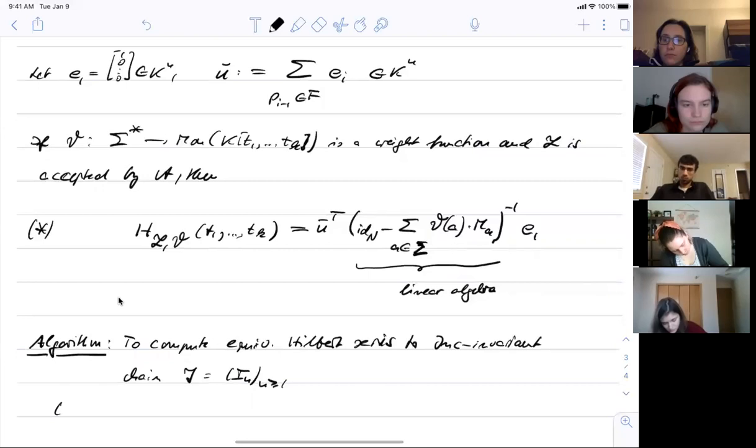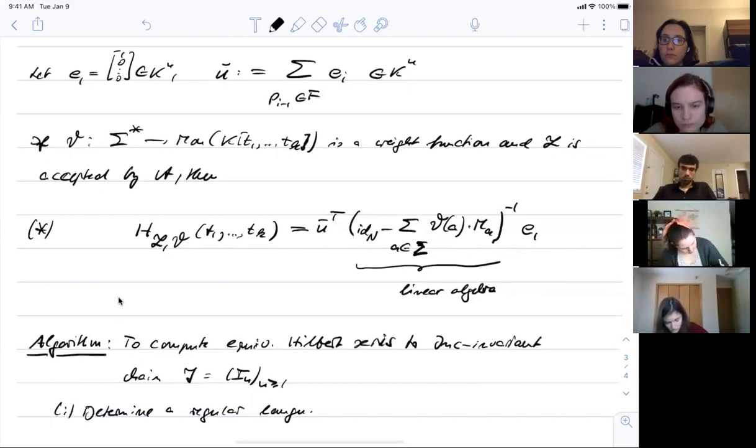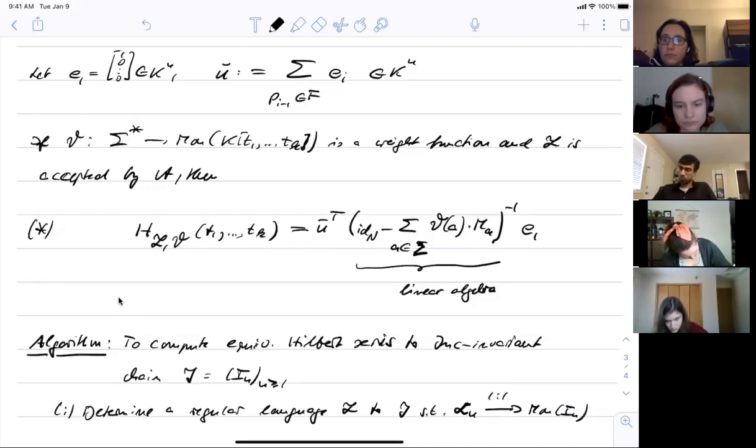So what we have to do, we saw first, is determine a regular language L_I such that the sub-language where we count the number of occurrences of the letter tau corresponds to the monomials in the ideal I. So these should be all bijections.